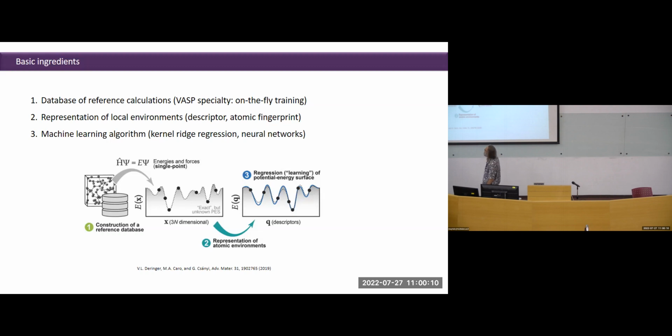Then, in the case of these machine learned force fields, you need some representation of a local environment. I need to be able to say the environment of my atom looks like this and that, so I need to describe this in some way, a descriptor or a fingerprint.